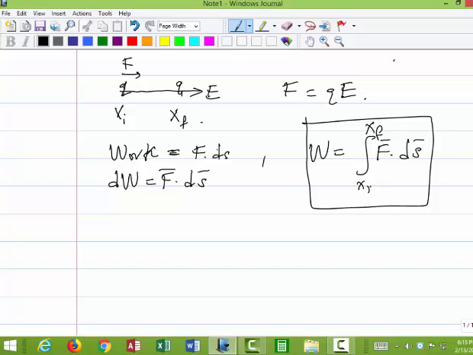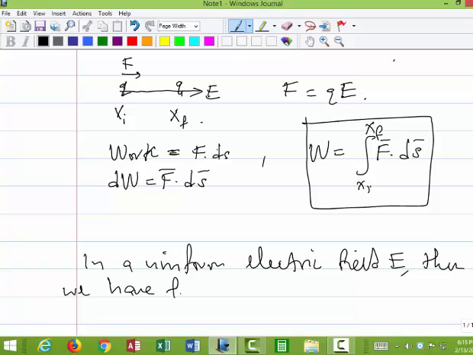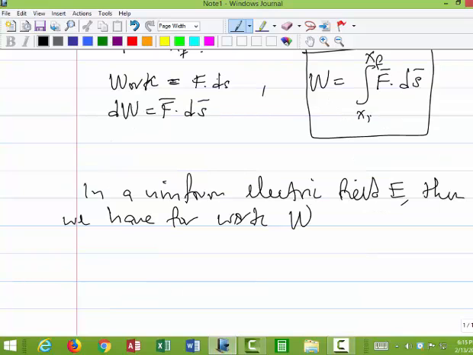So we can say that in a uniform electric field E, for work W, W is therefore equal to the integral from initial to final of Q times E dot ds. I'm just replacing the force there by QE, which is the force on a charge by an electric field E. Okay, so I can just replace that.